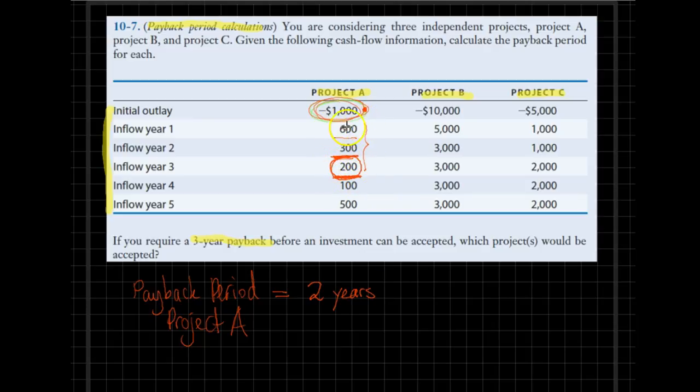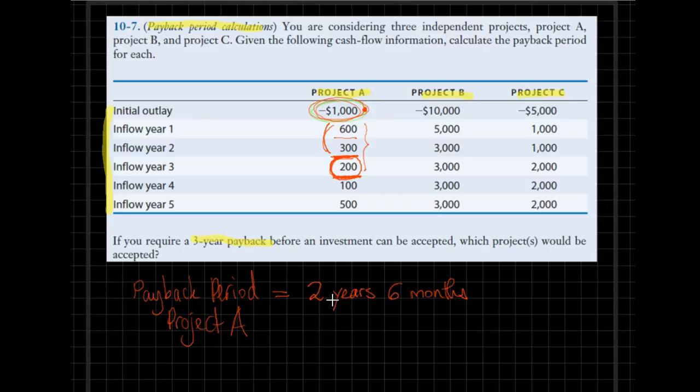At the end of 2 years, we are still $100 short. How long will it take us to recover that remaining $100, given that we can make $200 during the whole year, or the whole 12 months? If in 12 months we can make $200, it would take us just 6 months to recover the rest of our initial investment. So that would be the payback period for project A.